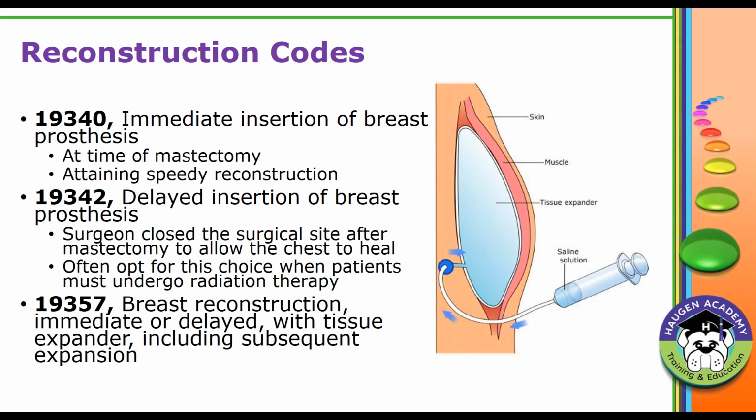Just keep in mind that unlike 19340 and 19342, with the 19357, you use the same code whether the procedure is immediate or delayed after the mastectomy. And since subsequent expansion is included in 19357's description, you can't bill separately if the patient returns periodically for gradual expansion, which is performed to stretch the overlying tissue to a size suitable for implant insertion.